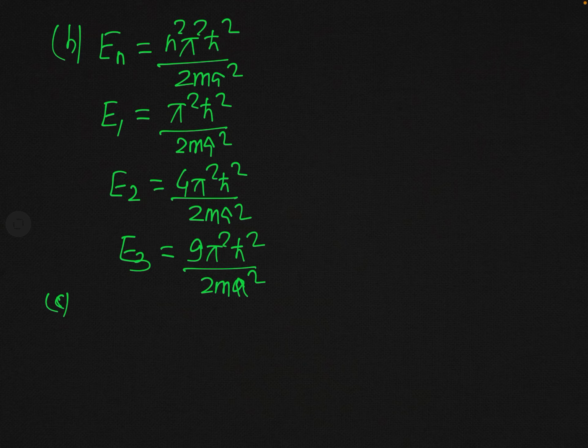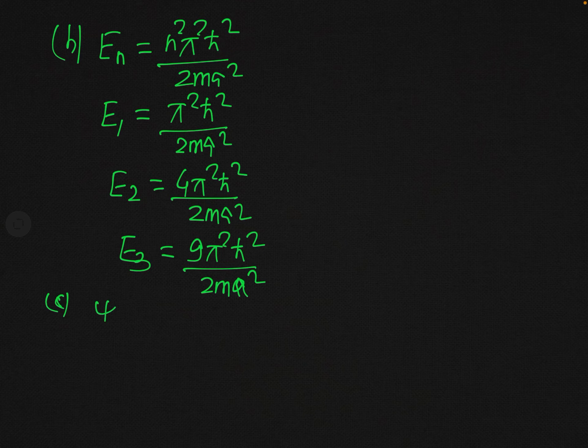You know that probability density is simply the square of the mod of the eigenfunction at any time t. So for this we will first of all find these eigenfunctions psi1 of x,t and psi2 of x,t at any time t.